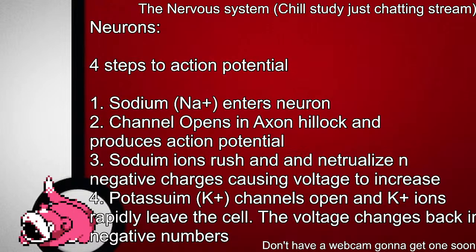So the voltage, or not the voltage, the charge increases dramatically, which causes the spike. And then when this happens, the potassium channels open. They open slowly, and then the potassium rapidly rushes out, causing depolarization, I think.